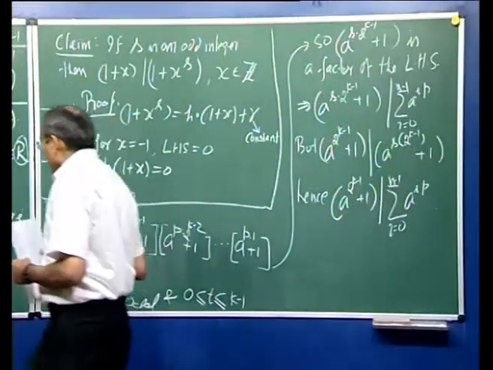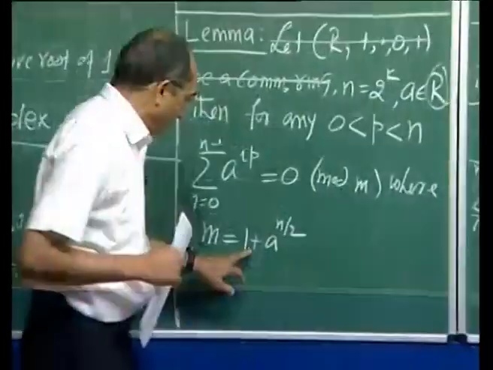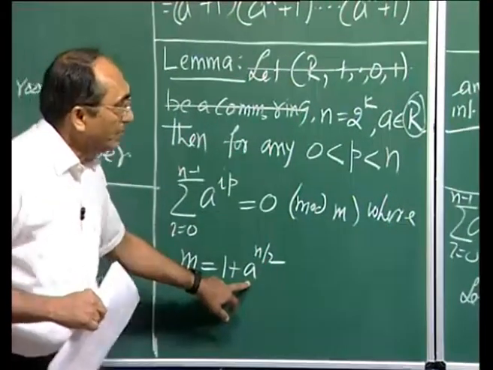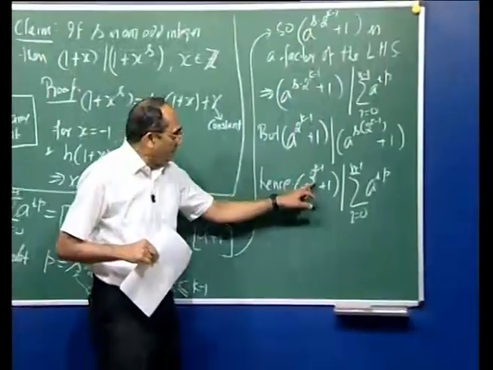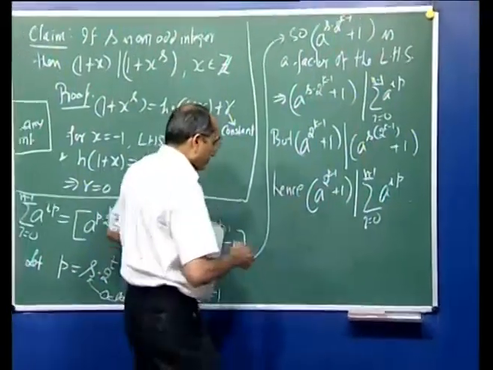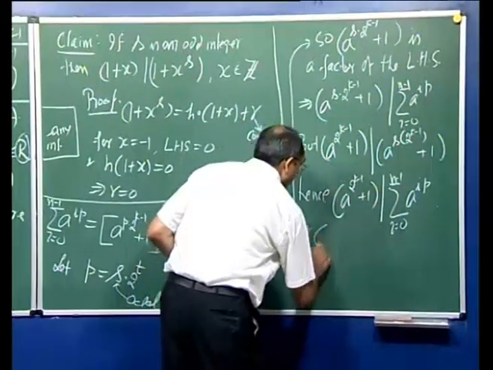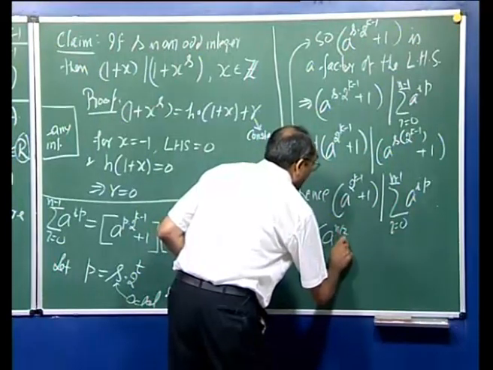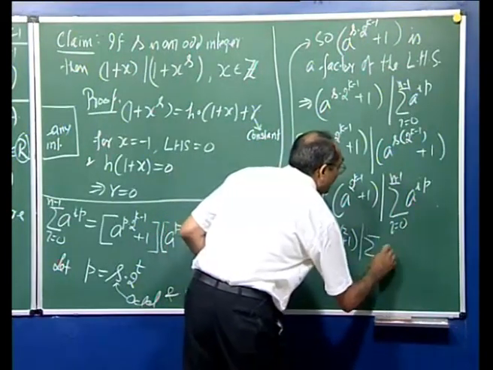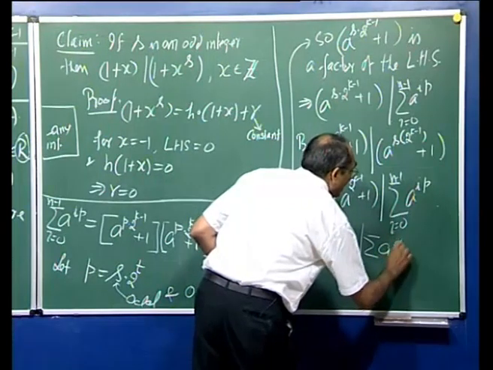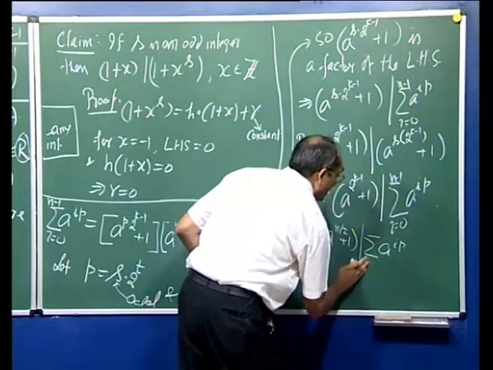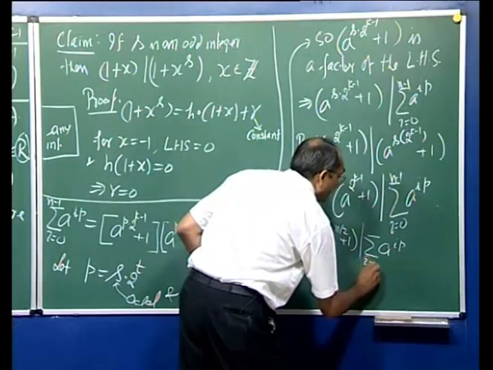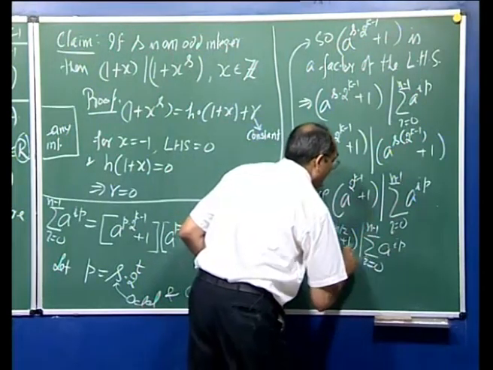Now, our m is 1 plus a^(n/2), and a^(n/2) plus 1 divides this sum over i going from 0 to n minus 1.